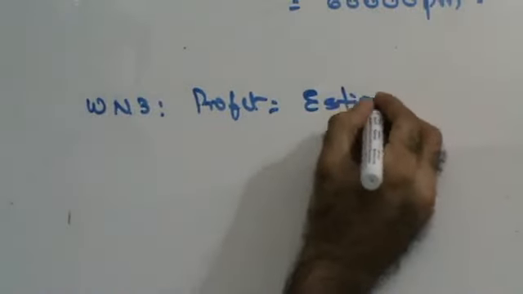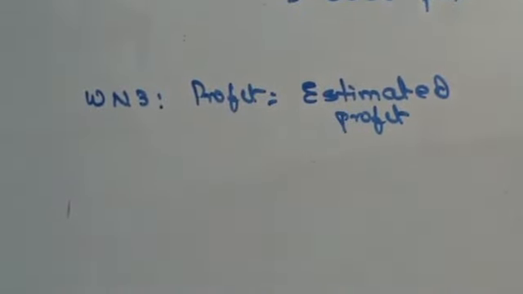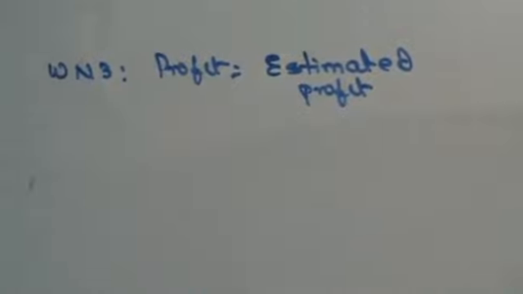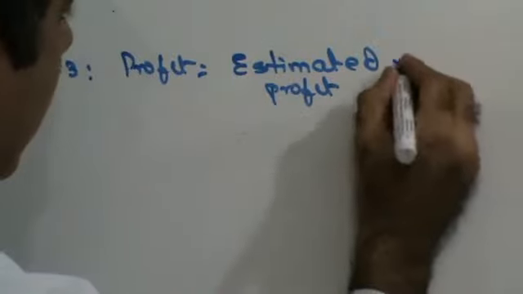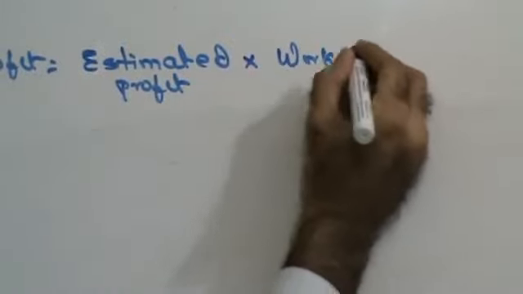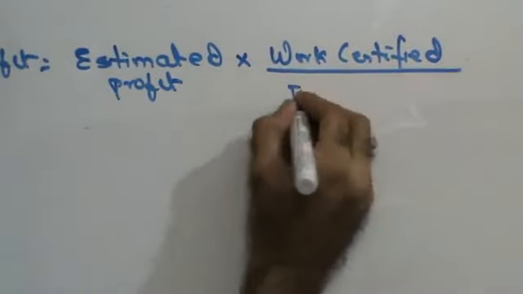They are saying that it was decided that the profit to be taken credit for should be in proportion to the estimated profit to be realized on completion of the contract, which the certified work bears to the total contract price.